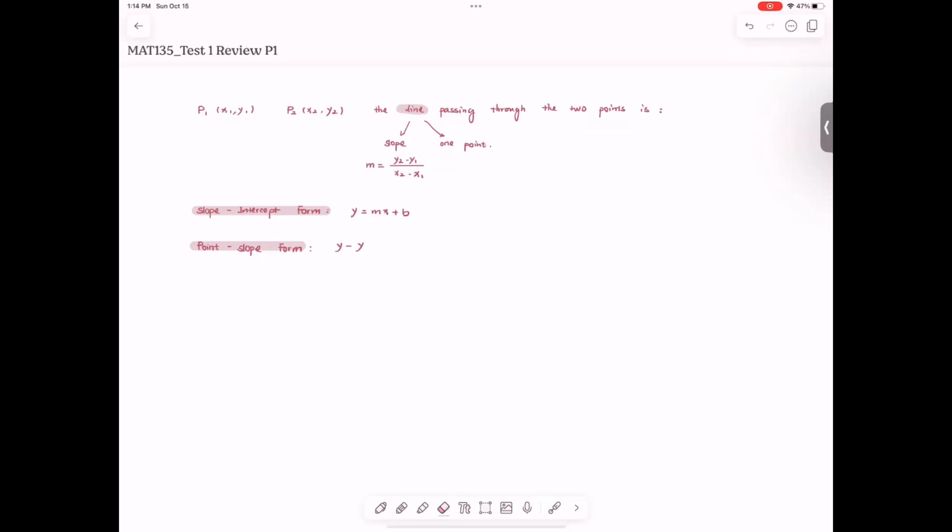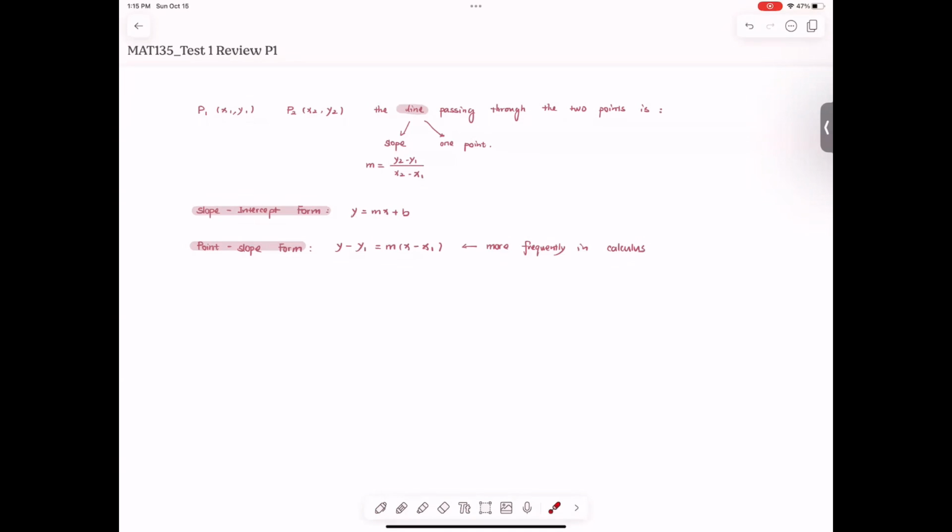This second one is what we use more frequently in university, in calculus. Yes, in 102 we will use this more.